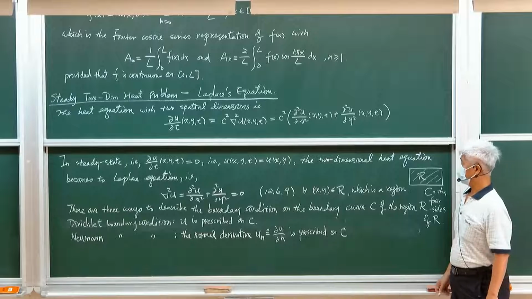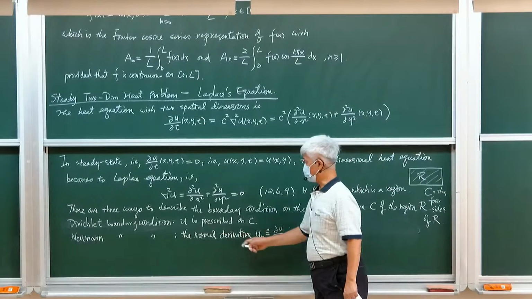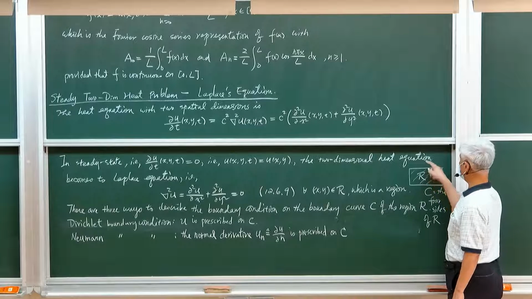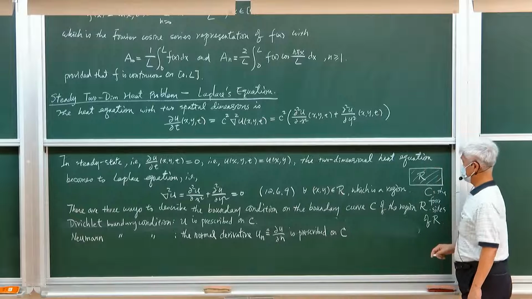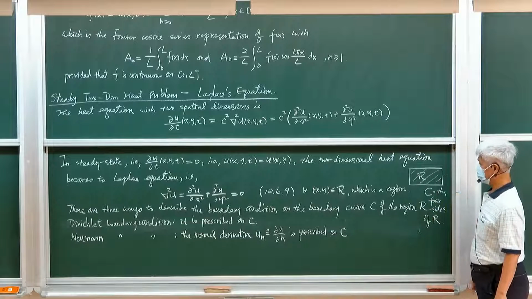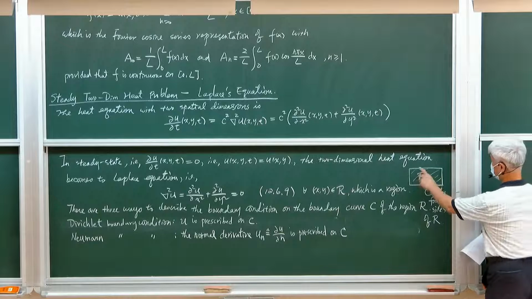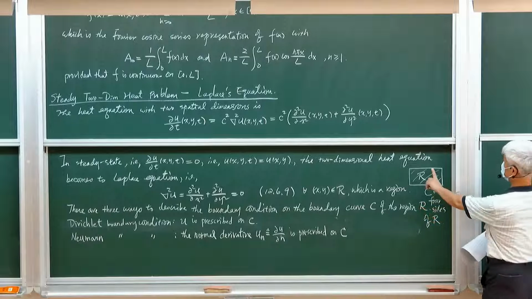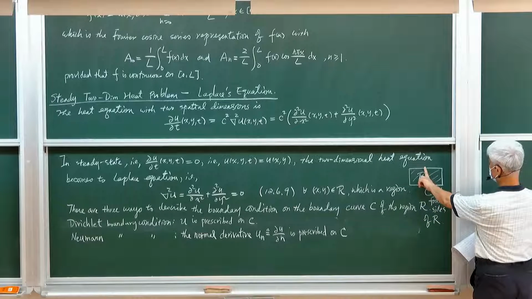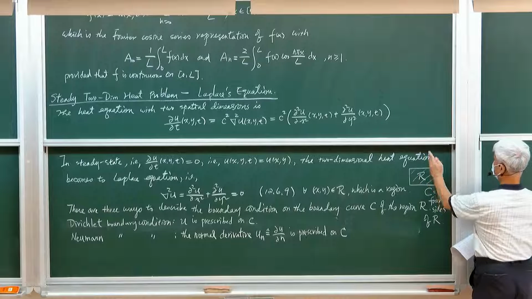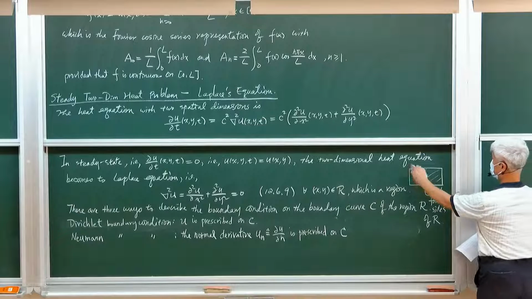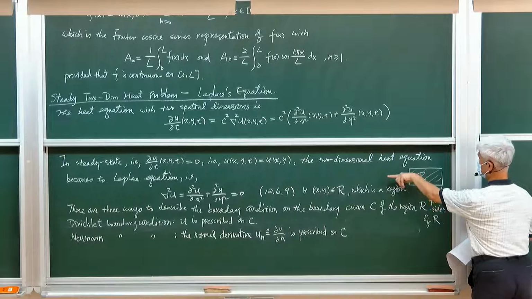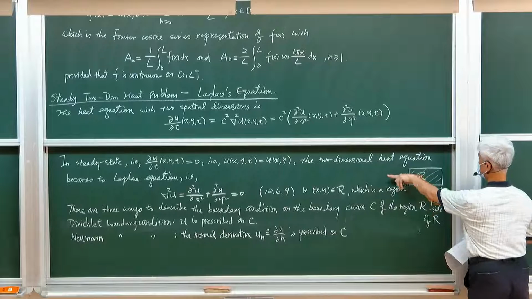That means the derivative we are considering is always perpendicular to the boundary. For example, for the upper side, the normal derivative would be the directional derivative in the up direction. For the left hand side, the normal direction will be to the left.